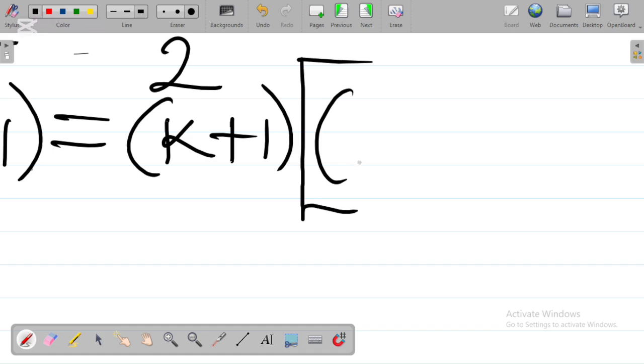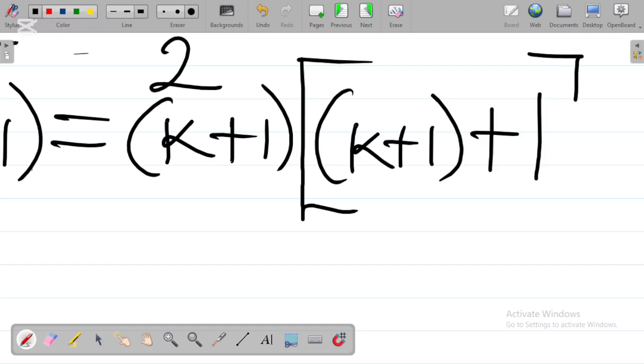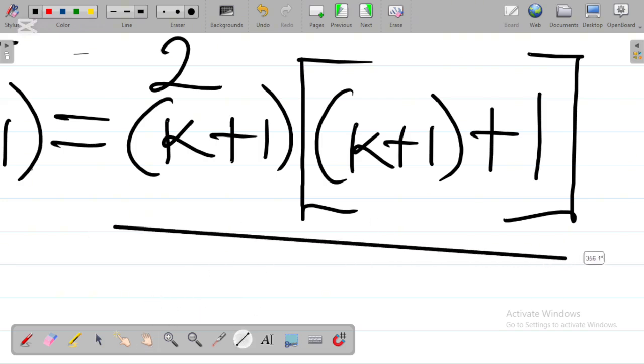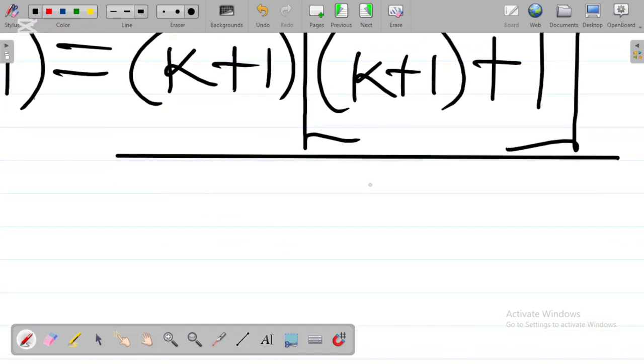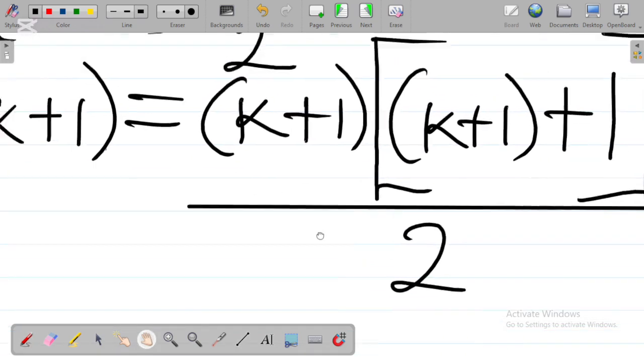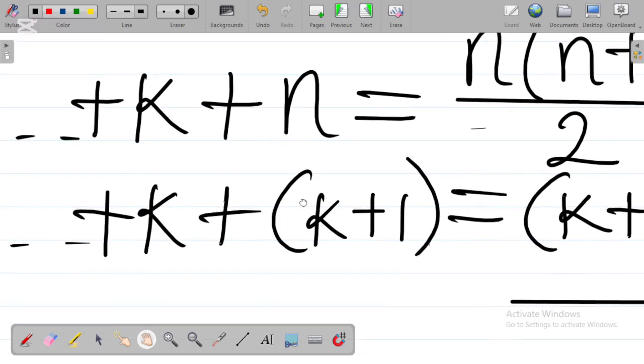So we have k plus 1 plus what? Plus 1. So we close the bracket. This is called square bracket. All divided by what? All divided by 2. So we are done substituting n as k plus 1.